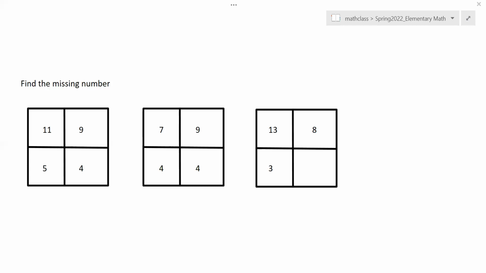Okay, you see that the second column is always 9, 4 and 9, 4. It's interesting, right?